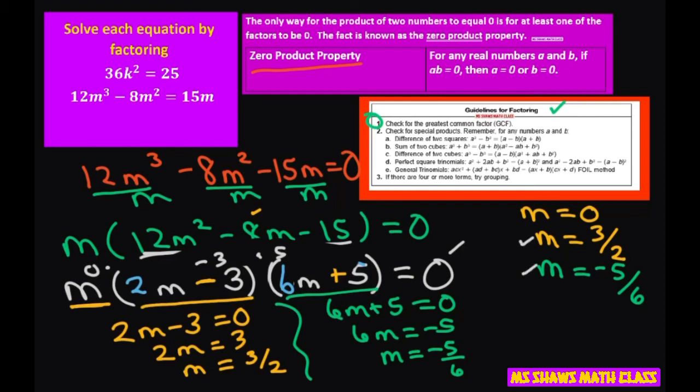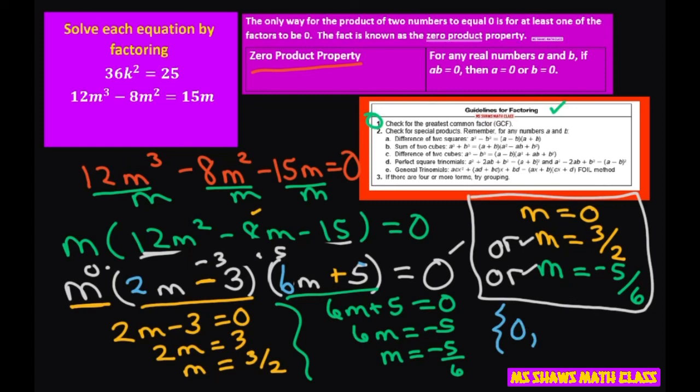So it's either m equals 0 or m equals 3/2 or m equals -5/6. And that's how you would write it. If you want to write it as a set, you could just write it as 0, 3/2, -5/6. The order doesn't matter when you're writing it as a set.